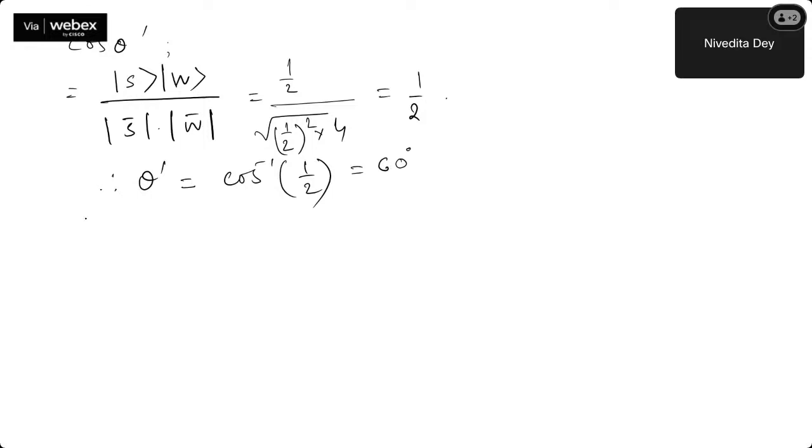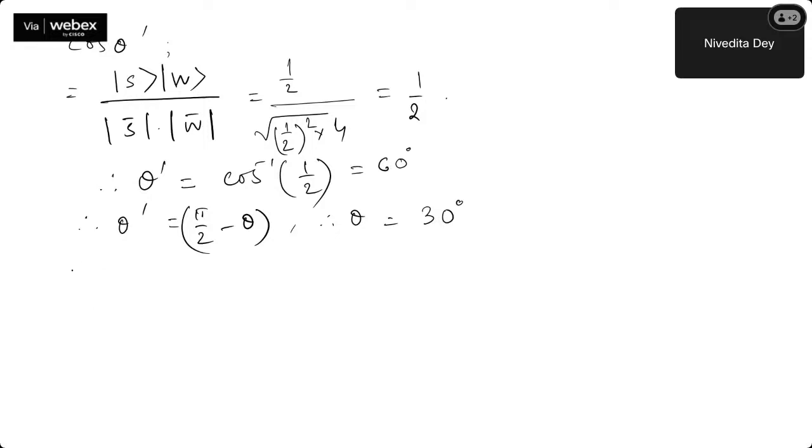Right? Therefore, your theta bar is equal to pi by 2 minus theta. Therefore, what is your theta? Your theta will definitely be 90 minus 60, that is 30 degree. So your theta is 30 degree. Does it mean that your rotation angle is 30 degree? No, because every Grover iteration will make it 2 theta.